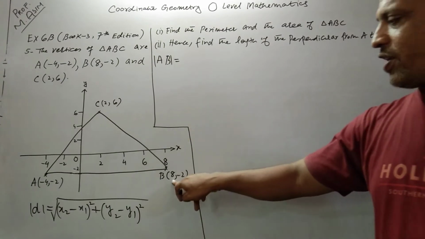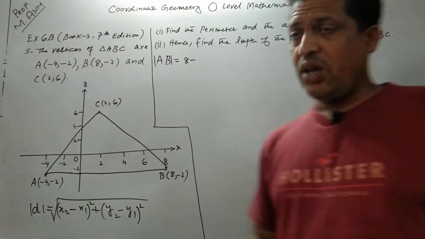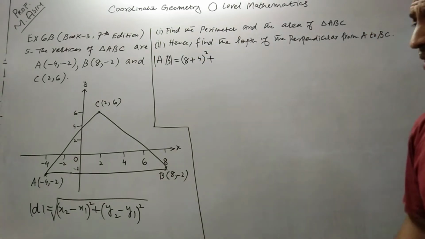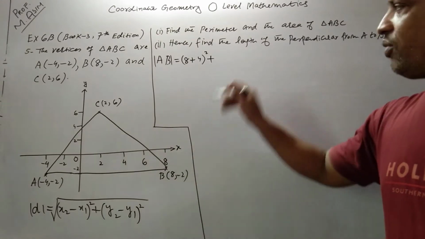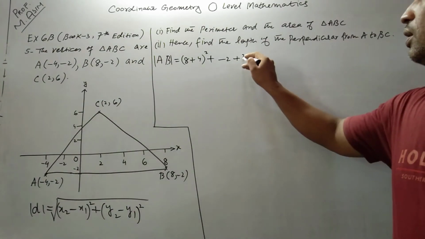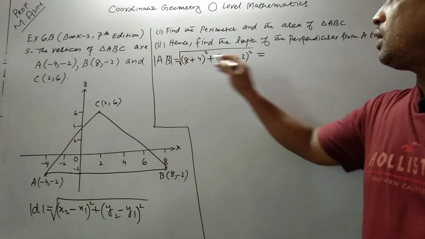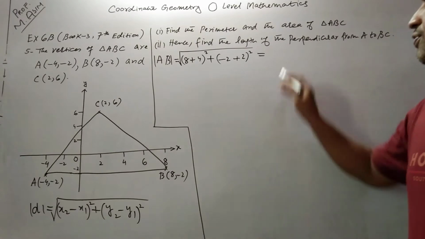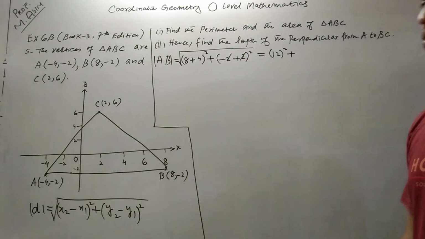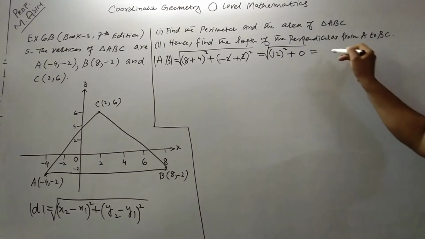So x2 minus x1 square: x2 is 8 minus x1 is -4, so minus minus plus 4, square, plus y2 minus y1: y2 is -2 minus y1 is -2, so minus minus plus 2, square. 8 plus 4 is 12, so 12 square plus -2 plus 2 cancels to 0, 0 square is 0. 12 square plus 0 is 12 square.